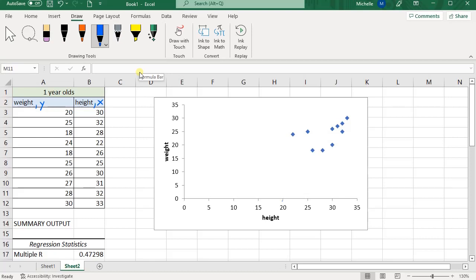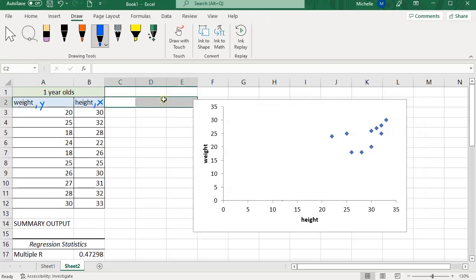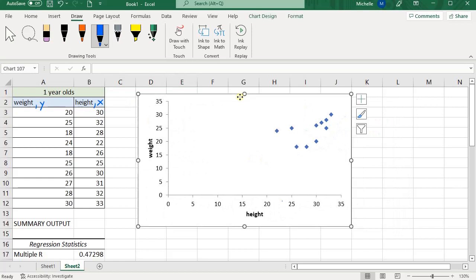And maybe, theoretically, if I had additional X values, I might be able to do better and better at figuring out why these boys are not weighing the same thing. I might be able to do better if I had additional independent variables.